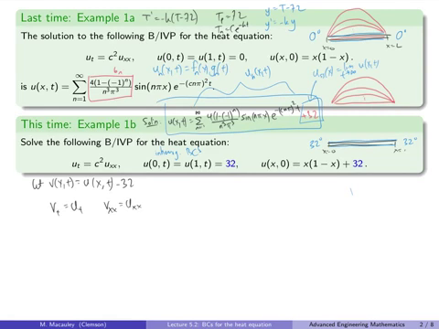Now let's compute the boundary conditions of v. So v of 0 and t is u of 0 and t minus 32, which is 32 minus 32, and that's equal to 0. Similarly, the right boundary condition, v at 1 and t, is equal to u at 1 and t minus 32, which is equal to 0.